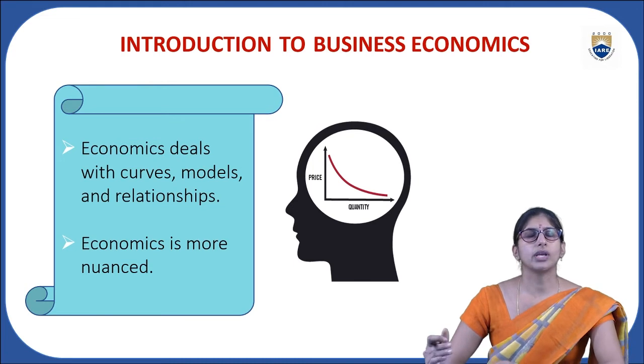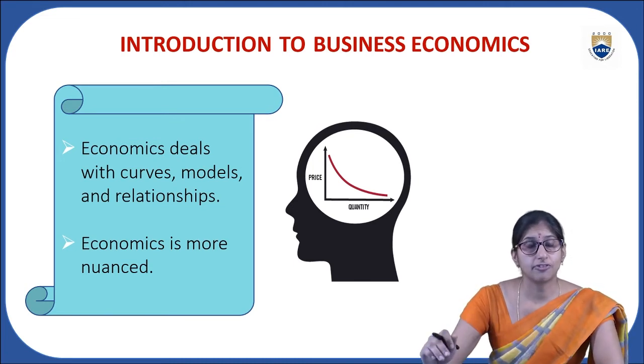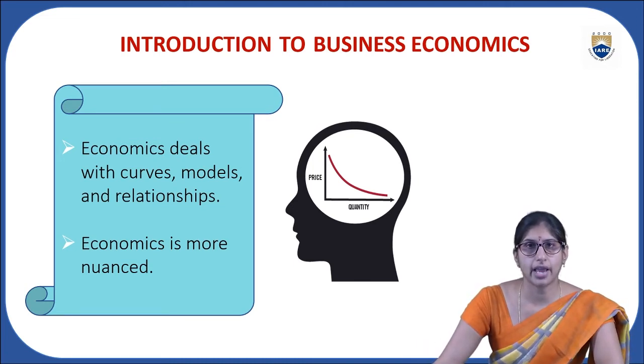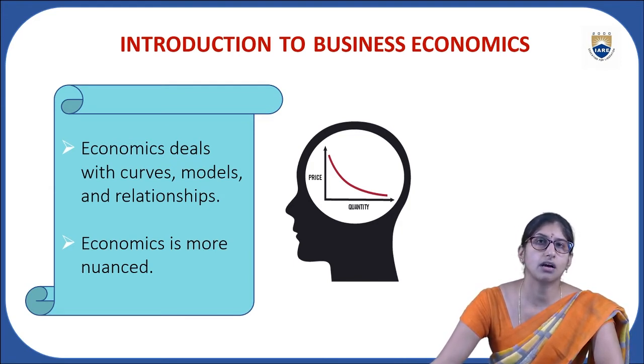Here we are dealing with different relationships in economics. For example, we can take demand. When we consider demand, two important aspects come to our mind, that is price and quantity demanded. What is the relationship between price and quantity demanded?